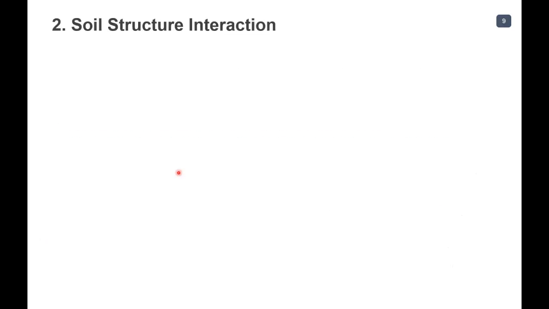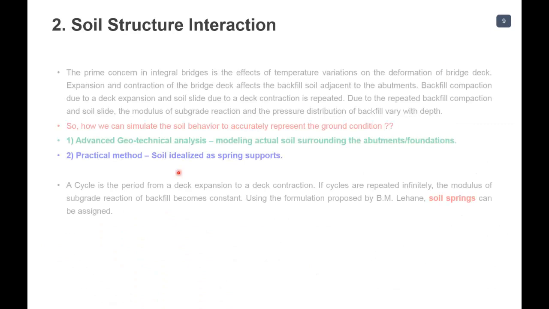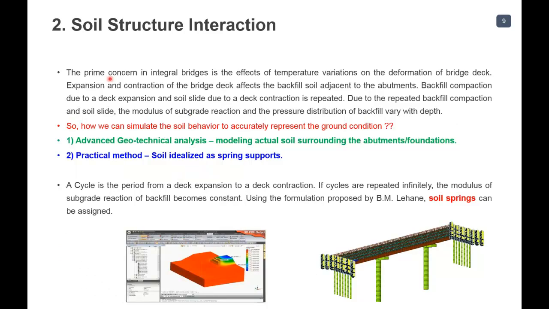This is the important part, which is the soil structure interaction. The prime concern in integral bridges is the effect of temperature variation on the deformation of the bridge deck. This thermal expansion and contraction of the bridge deck will affect the back soil, which is adjacent to the abutments, right?